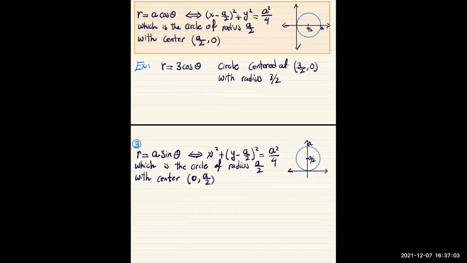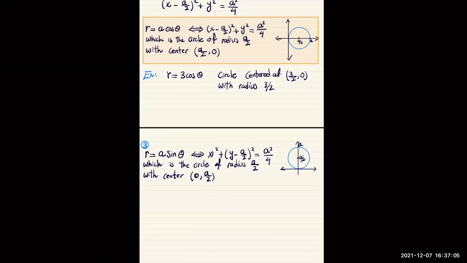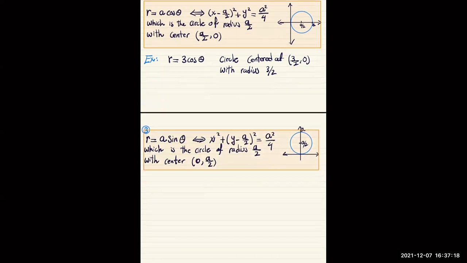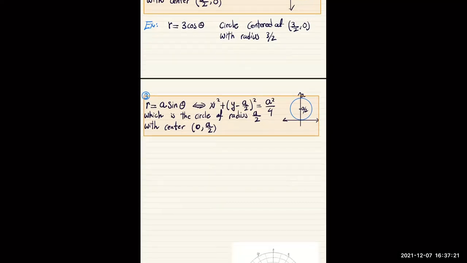Now, to prove this, you're going to do exactly the same thing as for number 2. So we have r equal to a sine theta, and you want to transform this from polar to Cartesian, just multiply everything by r.